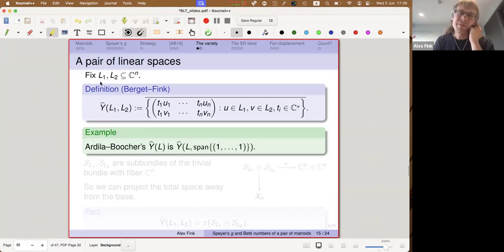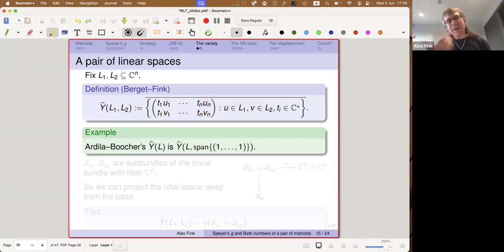Now I want to do the same thing, but take 2 different linear spaces, pick an arbitrary single vector from the first, put it in the first row, pick an arbitrary single vector from the second, put it in the second row, and then act by a diagonal matrix on the right.